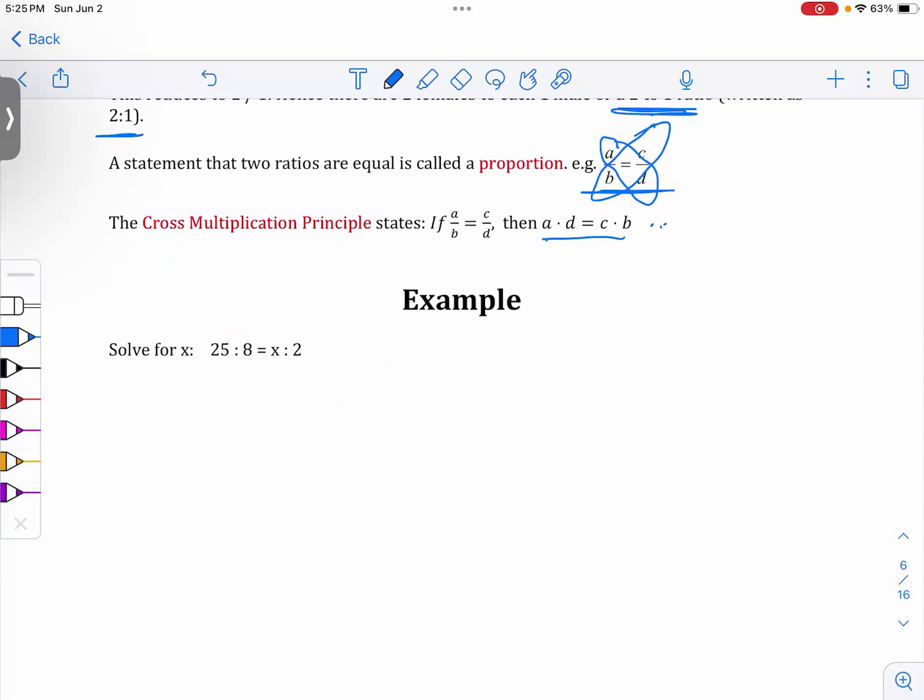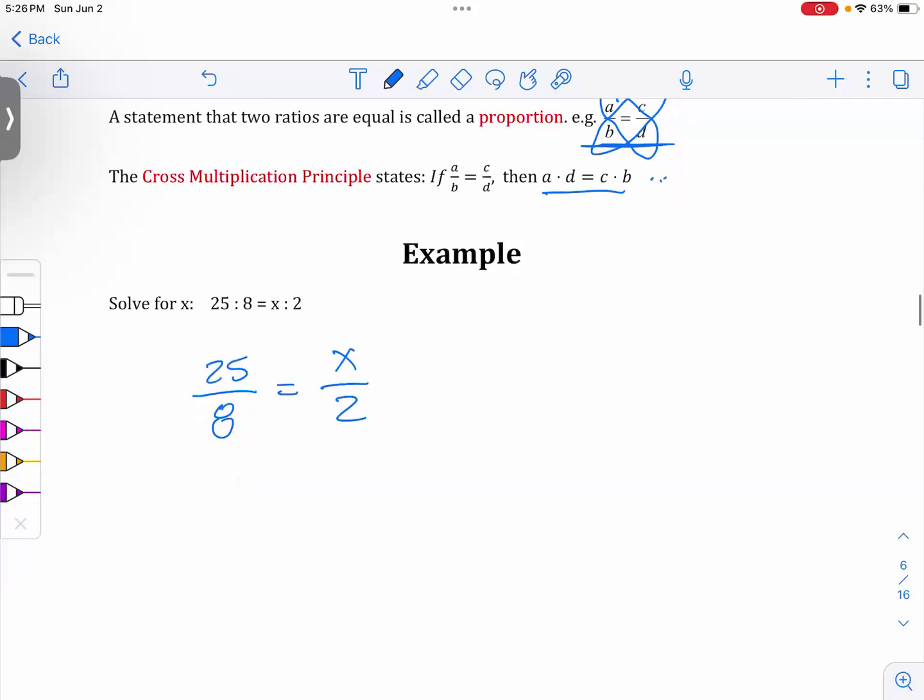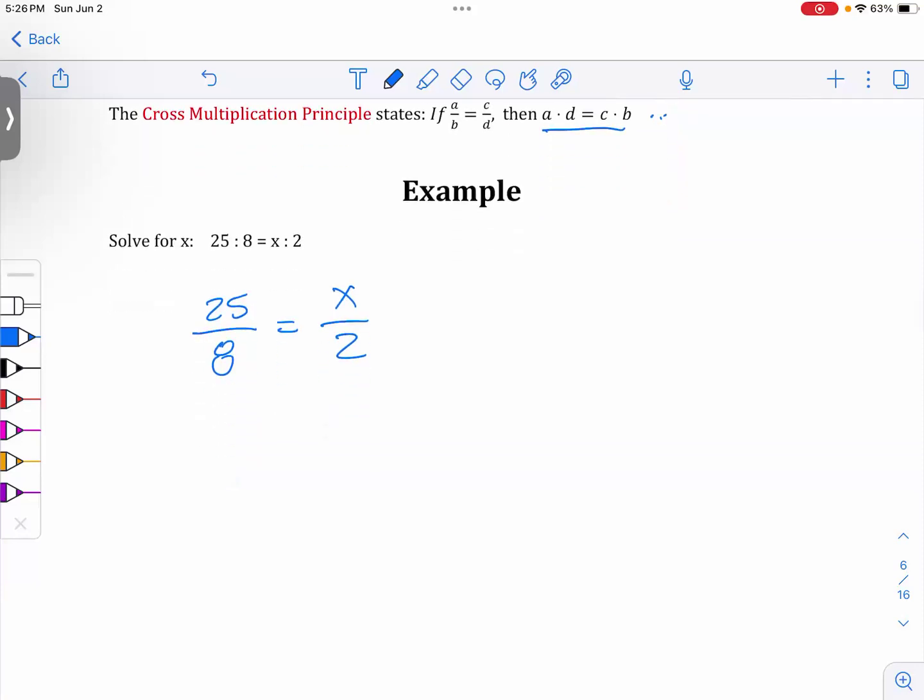So for example, I have 25 to 8 equals x to 2, and I want to solve for x. So the best way to write this out is as fractions, because with fractions, I can solve this algebraically much quicker. Then I cross multiply. 25 times 2 equals 8 times x.